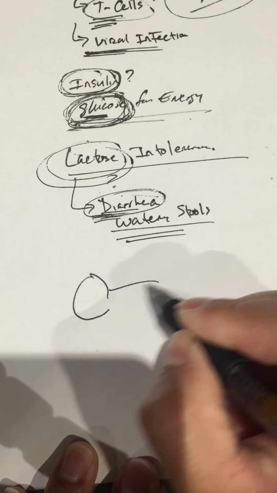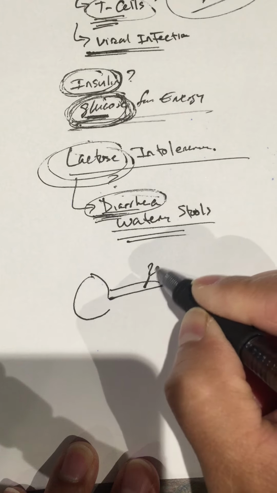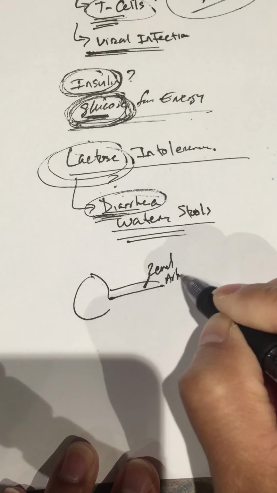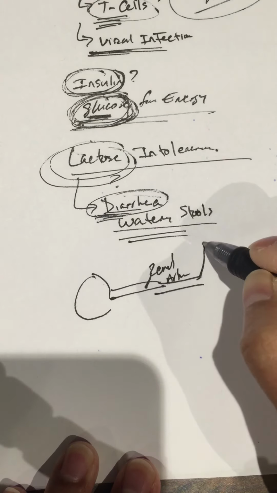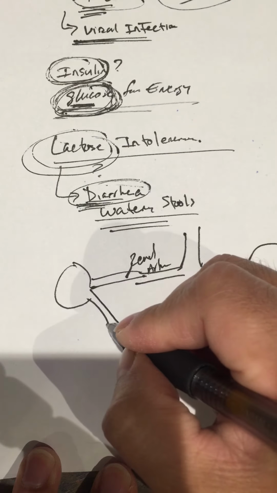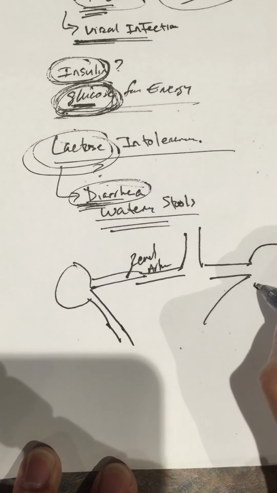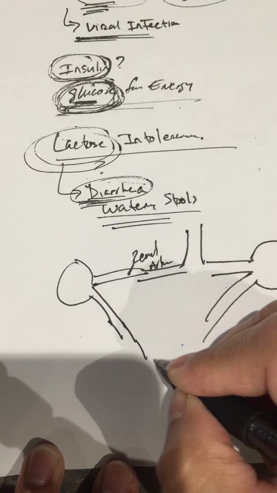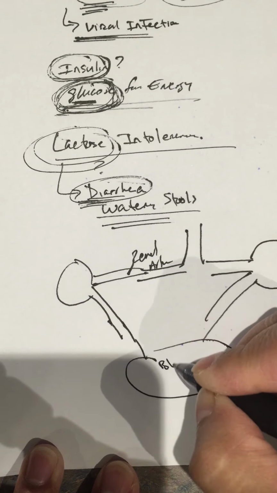So here's my kidney, the renal artery, which attaches to your aorta, so you can have one on this other side. Now, you have your ureters, and they come to your bladder.